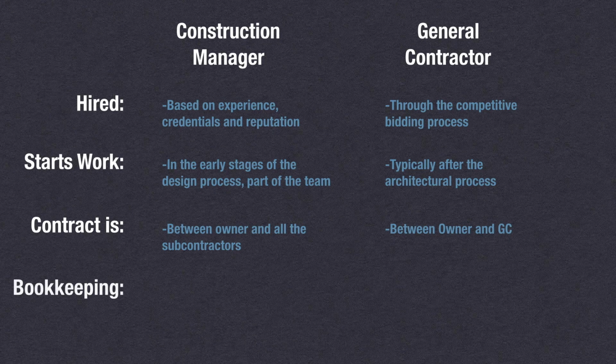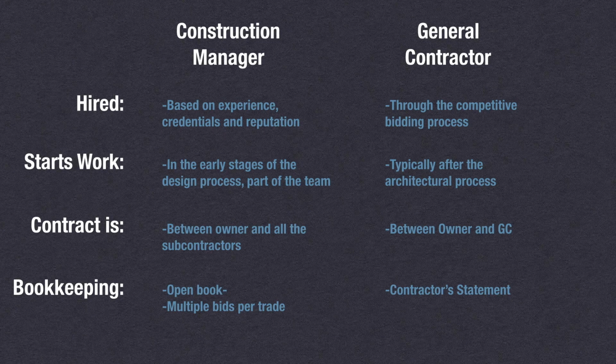And then in terms of bookkeeping, when you work with a construction manager, it's usually an open book policy. That means the CM is going to get multiple bids from 2 or 3 carpenters, 2 or 3 plumbers, 2 or 3 electricians, and share all those bids with you, and together you will pick the winners in all those subcontractor categories.